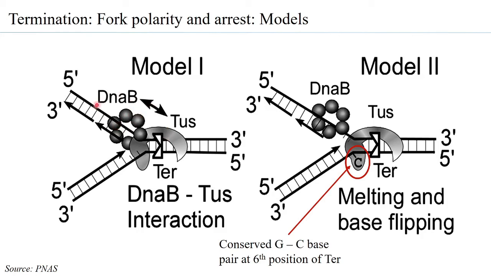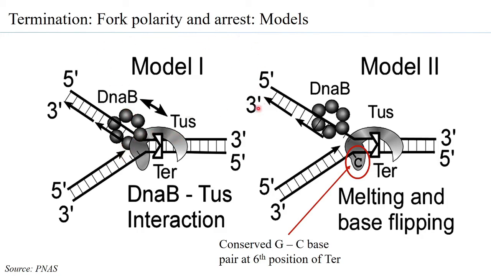So it becomes inactive, and on becoming inactive, eventually the DnaB is going to dissociate from the DNA. So thereby, because the DnaB is now positioned only till here, till the Ter-Tus complex, the replication fork does not move any further because the DnaB is not unwinding any further. So the arrest of the fork is considered to be because of the interaction of the DnaB with the TUS.